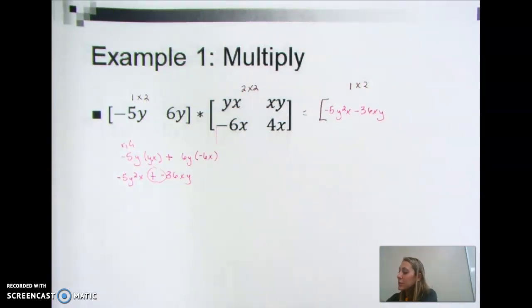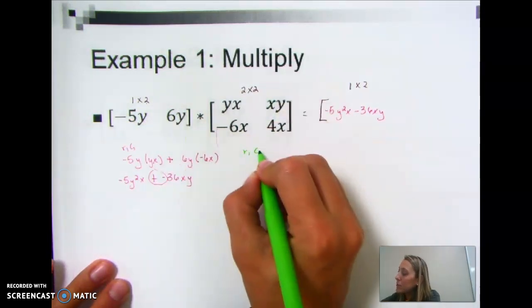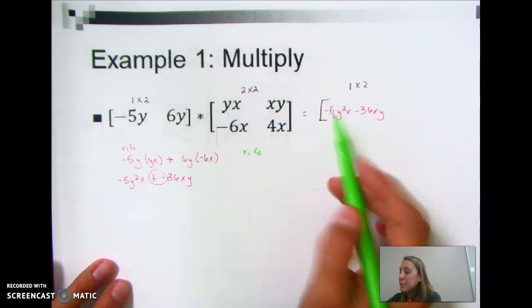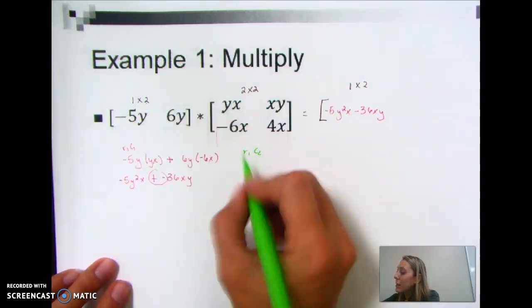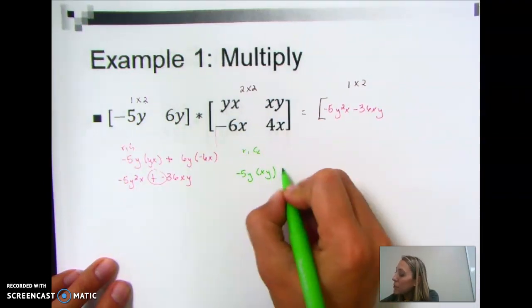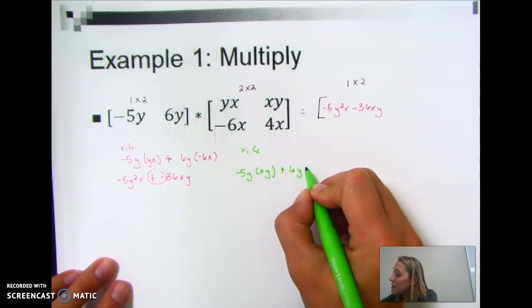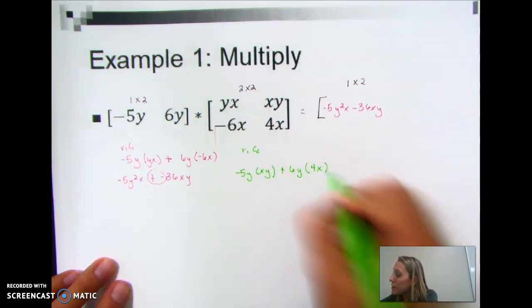Then I'm going to do that again. So now I have to do row 1, column 2. And this is going to be my last entry because I have a 1 by 2. So negative 5y times xy plus 6y times 4x.